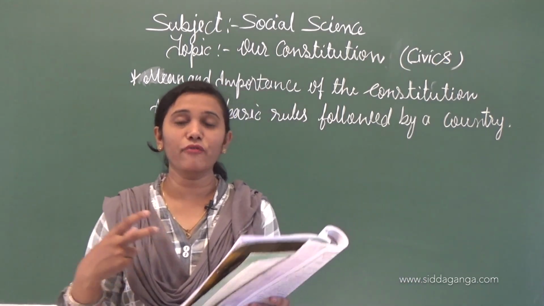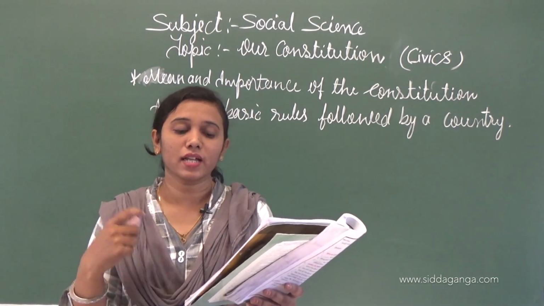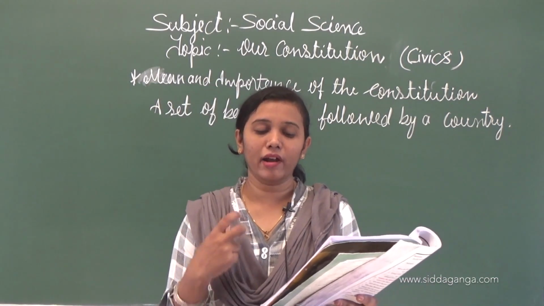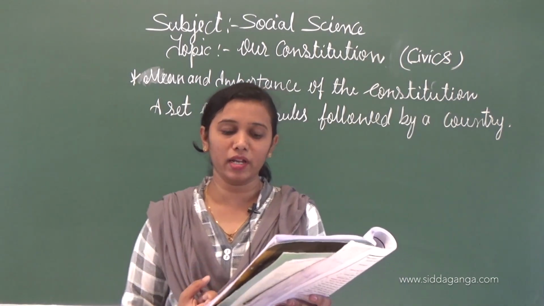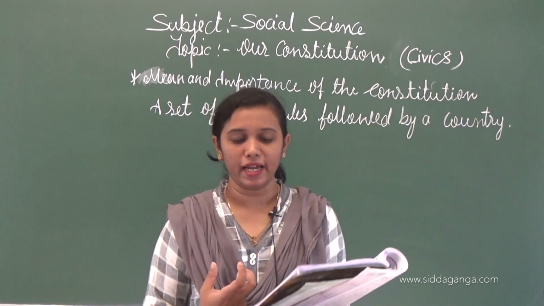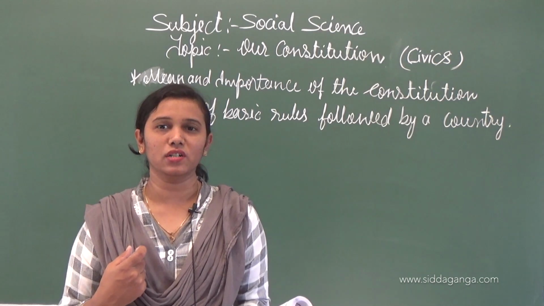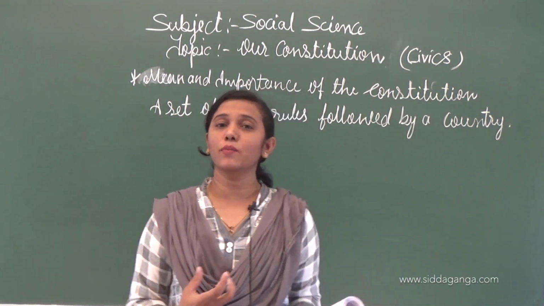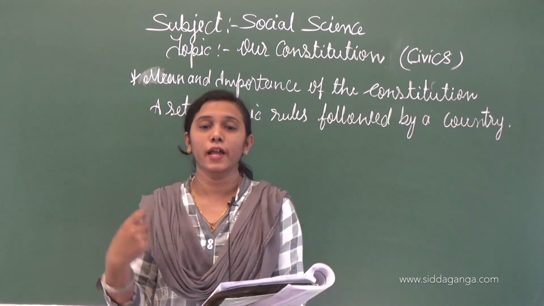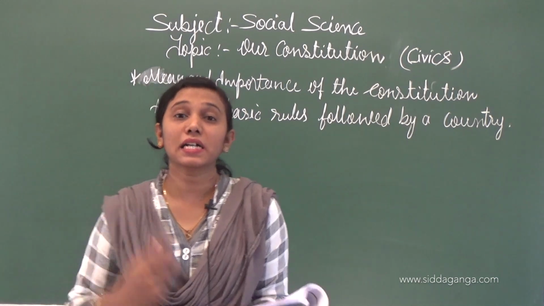Understood? There is a reference to the rights and duties of the citizens. The constitution is a reference guide to the government. No one should violate the constitution. Understood? Once again, listen here. What is the meaning of constitution, children? It means a set of basic rules which are followed by a country.